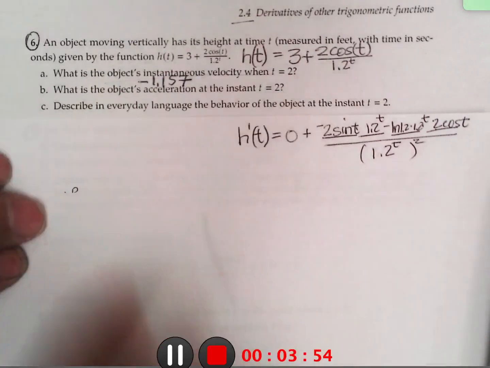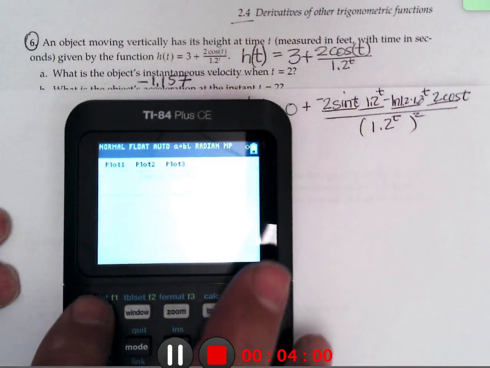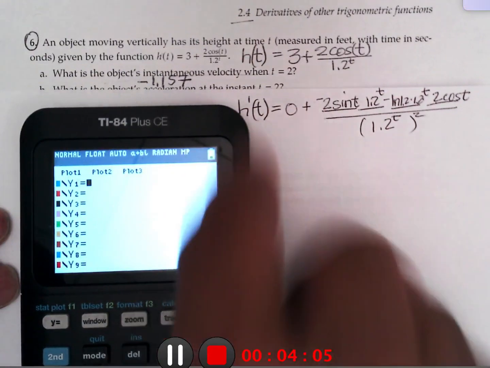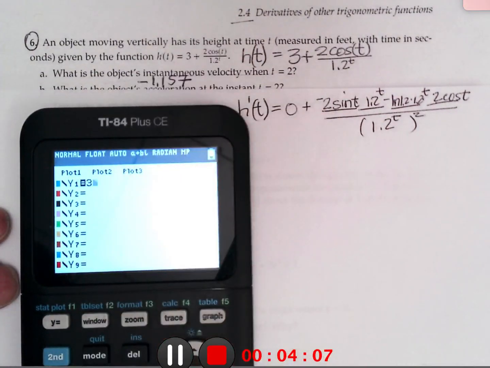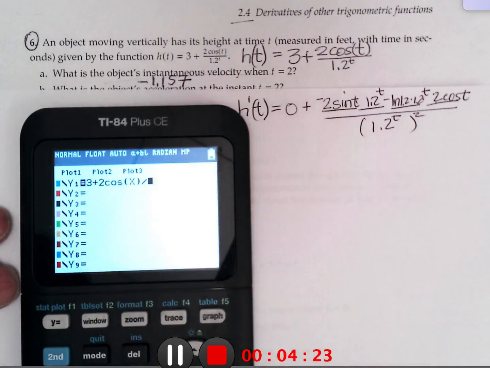Let's check that. And again, to check, we can go to the calculator and type in the original equation, 3 plus 2 cosine of x, close the parenthesis, divided by 1.2 to the x.